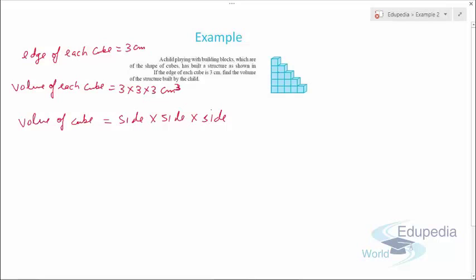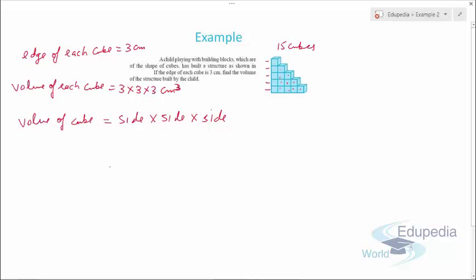Now we need to know how many cubes are there, because this is a volume of one cube. So let's count it. 1 2 3 4 5 6 7 8 9 10 11 12 13 14 15. So we have 15 cubes, right?